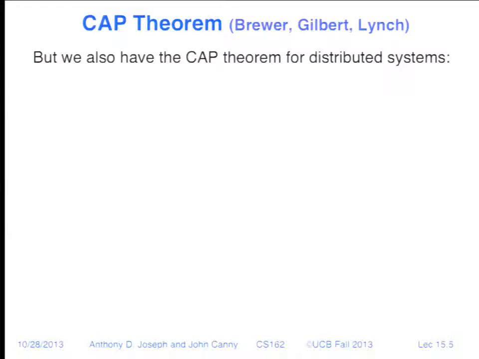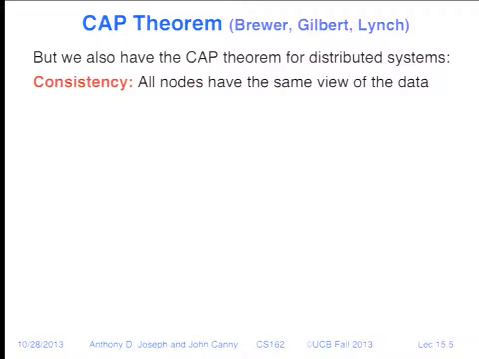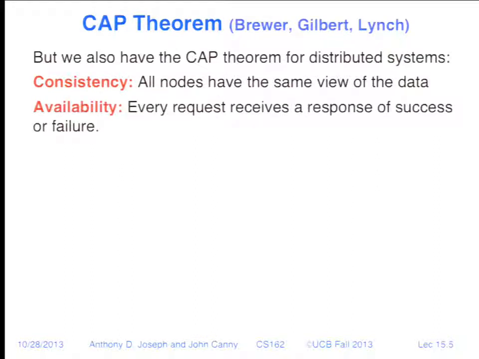On the other hand, in distributed systems, it's been recognized that getting a lot of the desirable properties that you like in a distributed system, especially one that's highly responsive, is challenging and, in fact, impossible. There's a related theorem called the CAP theorem that applies to three similar concepts. Consistency, similar to consistency on the previous slide. When you have a distributed system, you want all of the nodes to have a consistent view of the data.